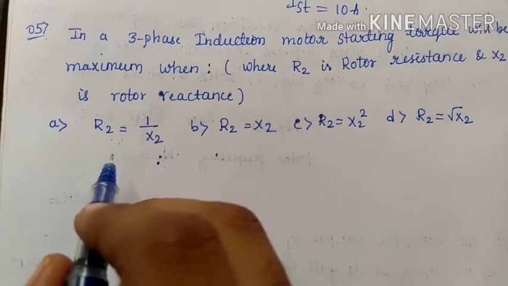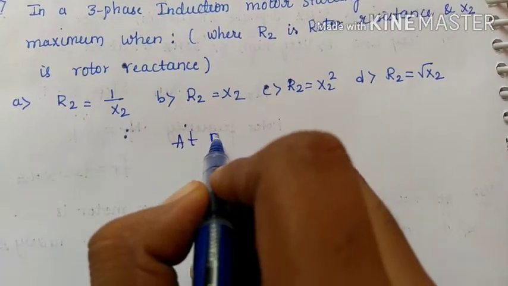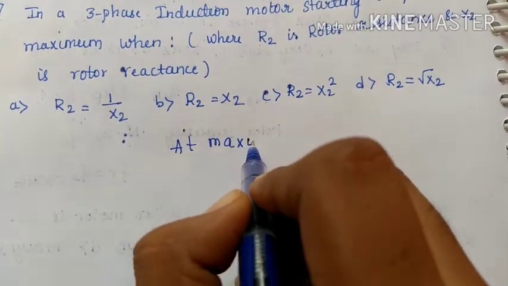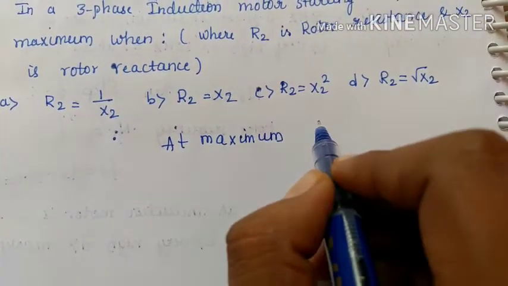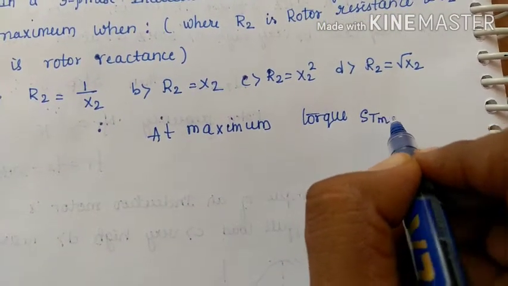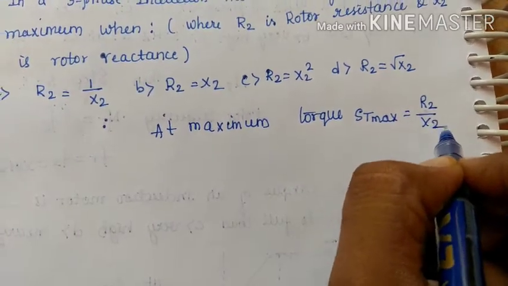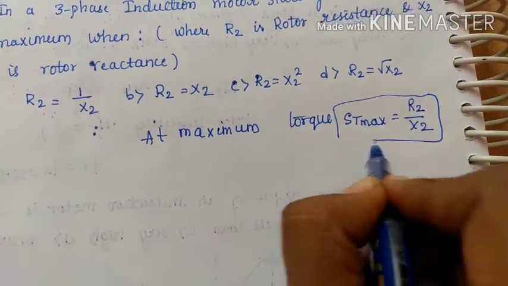So we have one condition, that is at maximum torque. This you have to remember: the slip at maximum torque, S T max, equals R2 divided by X2. This you have to remember.